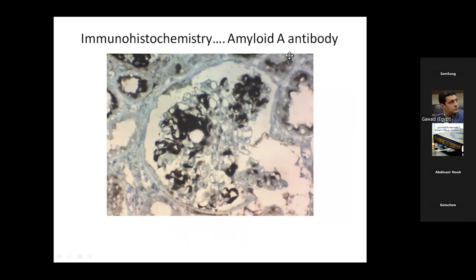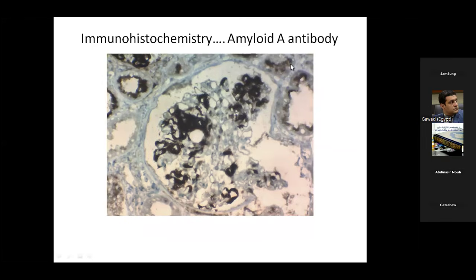What is the role of immunohistochemistry in diagnosing amyloidosis? The immunohistochemistry or immunofluorescence for amyloidosis is used for immunophenotyping and not for diagnosis. Immunophenotyping means determining the cause, or which type of amyloid this is. Is it amyloid A in this case?